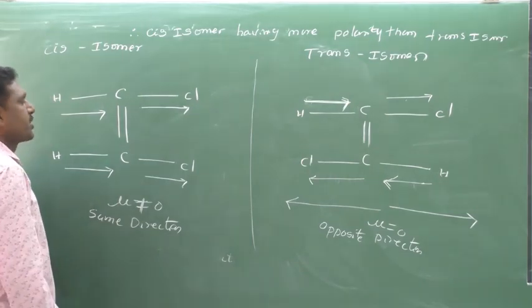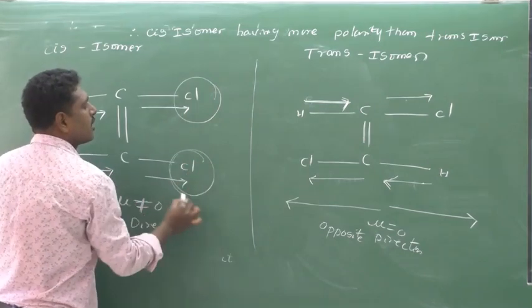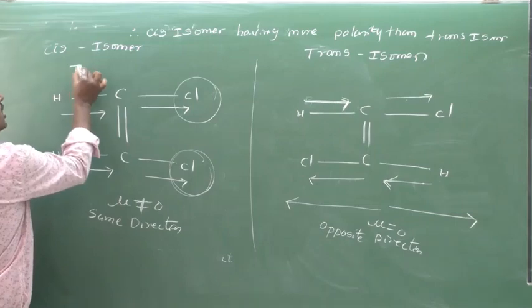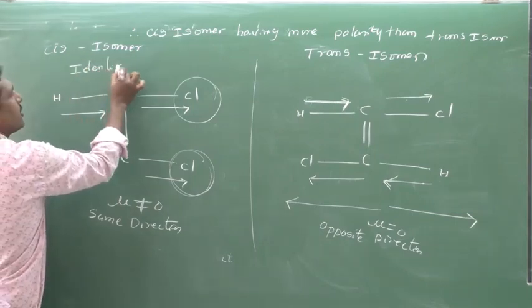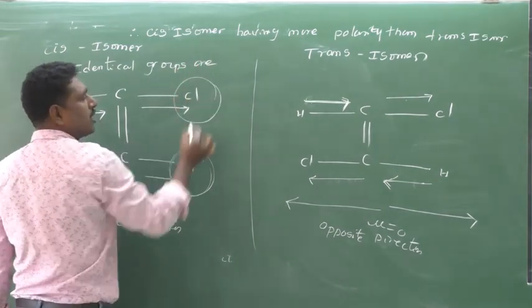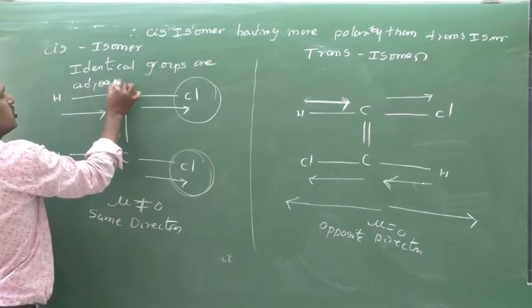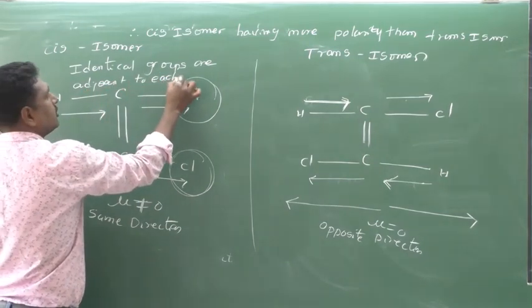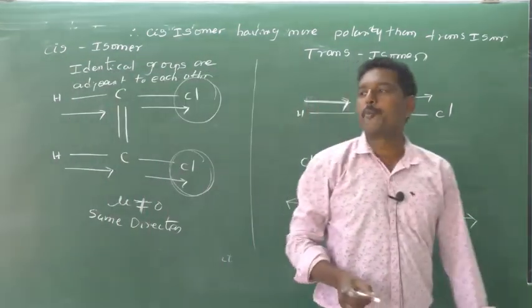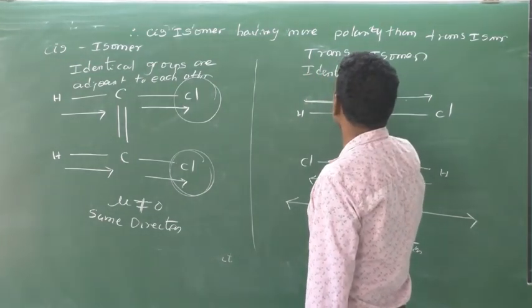We know that in cis isomers, identical groups are adjacent to each other. In trans isomers, identical groups are opposite to each other.